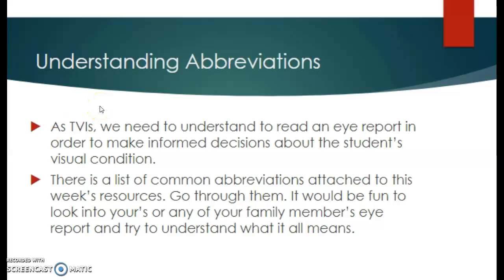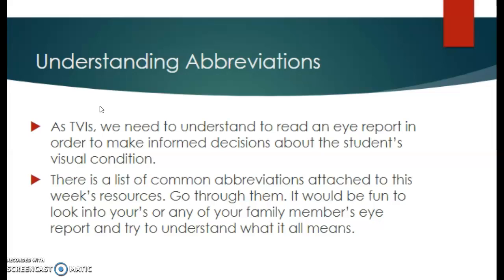And then, of course, we begin with an eye report, so we need to read an eye report in order to make informed decisions about the student's visual condition and how it affects the educational environment. So as a TVI, we need to understand the abbreviations used in an eye report. There is a list of common abbreviations attached to this week's resources.